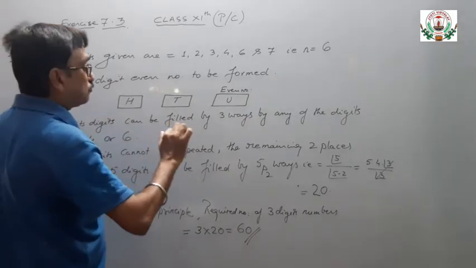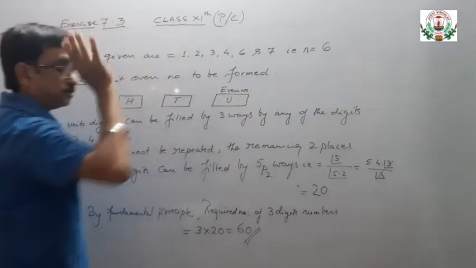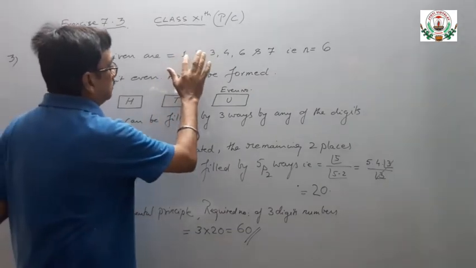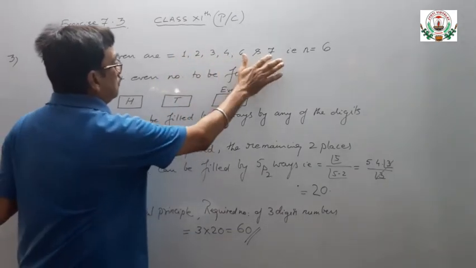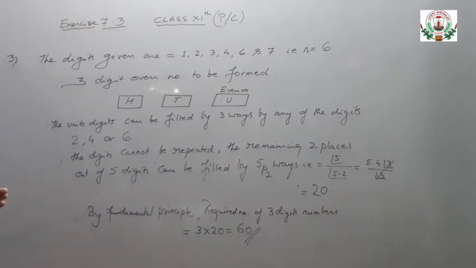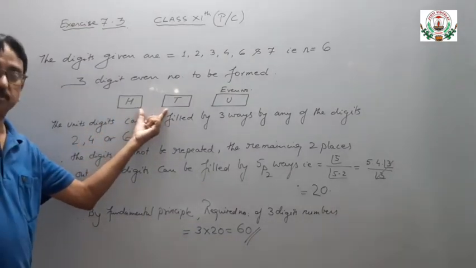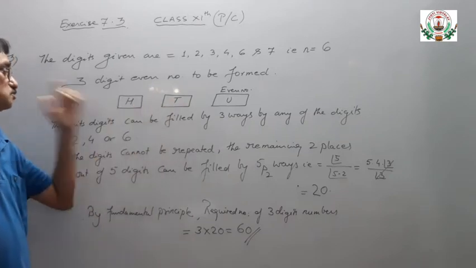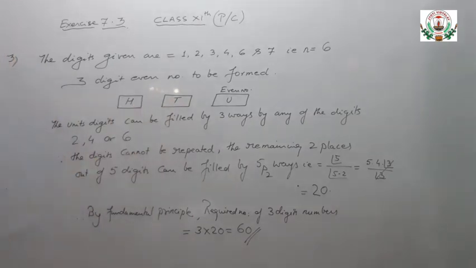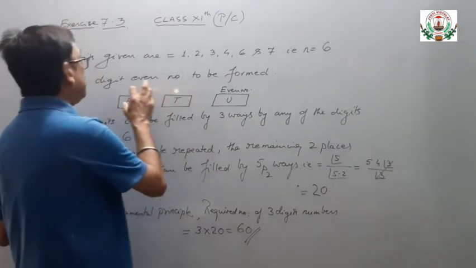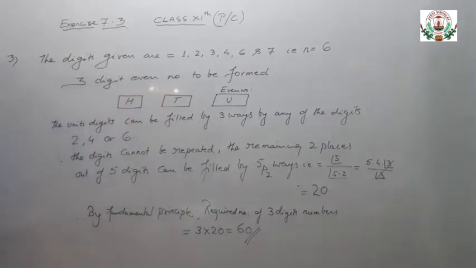So now we are left with, suppose I have filled up here with 6. So how many digits are we left with now? 1, 2, 3, 4 and 5 digits only. And how many places are we left with? 2 places, tens place and hundreds place. So from these 5 digits we have to now fill up 2 places without repetition of any digits.